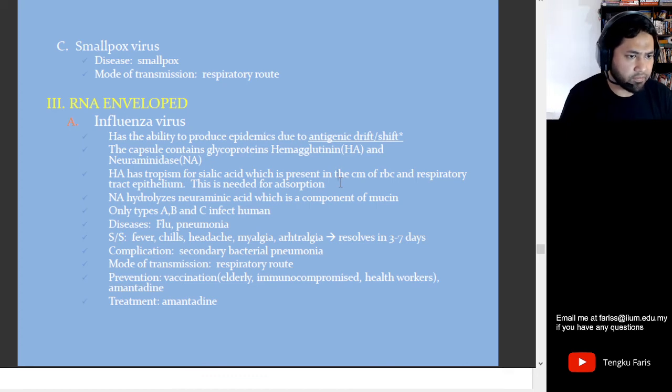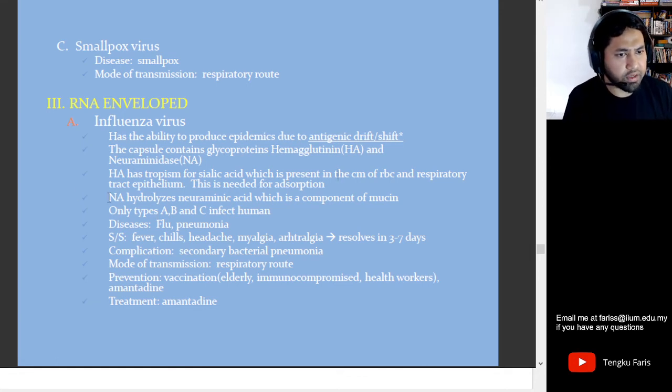So this is easy for them. It's easy for the influenza virus to bind to the red blood cells and carry the viral particles through the circulatory system, and this can also have a detrimental effect on the body.